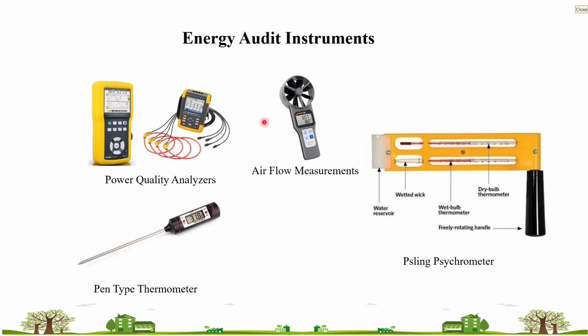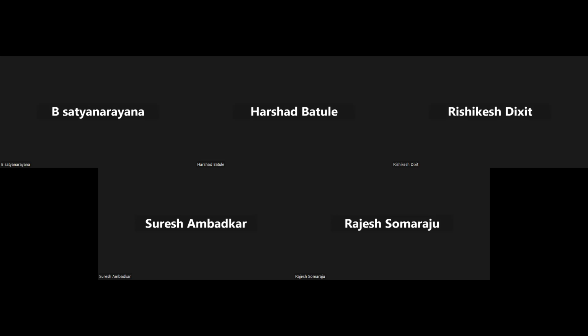From air nozzle methodologies, FAD can be calculated. Then sling psychrometer for temperature. Pen type thermometers can be used for water cooled air compressors. These are air energy audit instruments. So in the theoretical part, if there are any questions, I can answer those, or we can move to questions for this particular chapter.